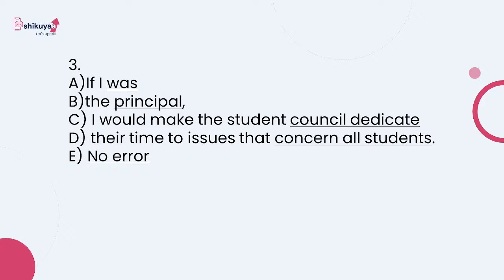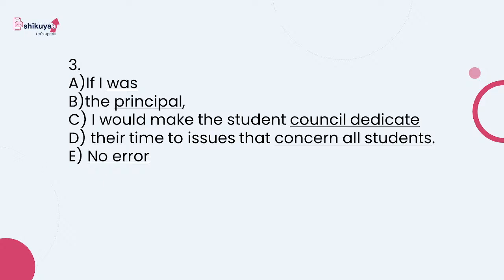Because if you see here, there is a hypothetical situation. The speaker is not a principal, but he is telling in imagination, as a hypothetical situation, that if he were principal. So the mistake is clear here.